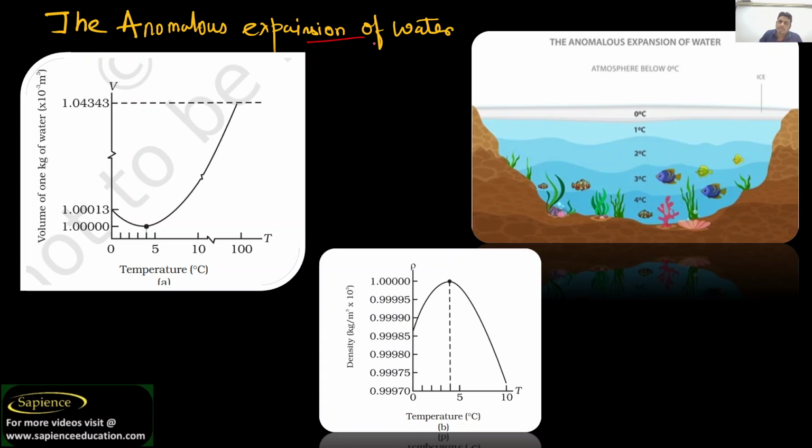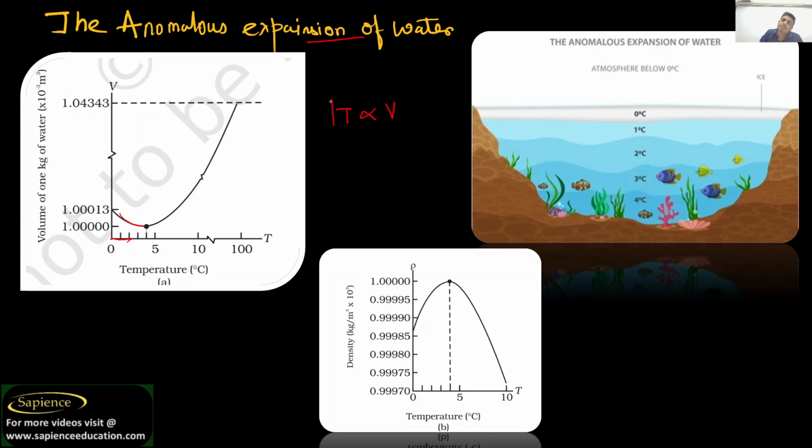See here, what actually happens. You can understand from the graph that there is a temperature T. As soon as the temperature of water increases, what will happen? From 0 to 4 degrees Celsius, for general matter, temperature is directly proportional to volume.